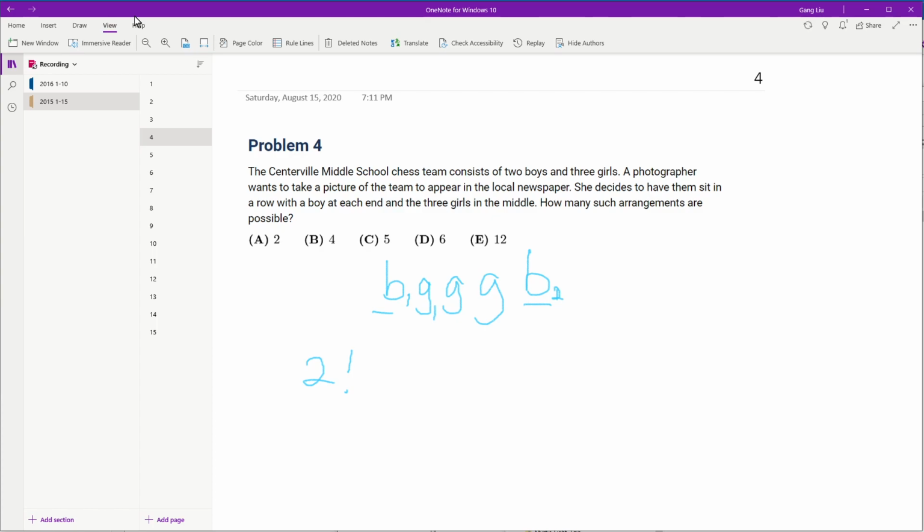And for girl 1, girl 2, girl 3, we have 3 factorial ways to arrange them. They follow the multiplication rule. So that's 2 multiplied by 6, equals 12. There are 12 possible ways to arrange the boys and girls.